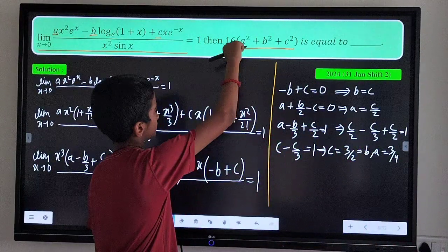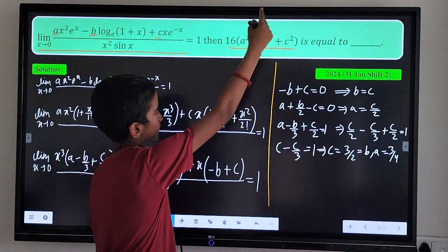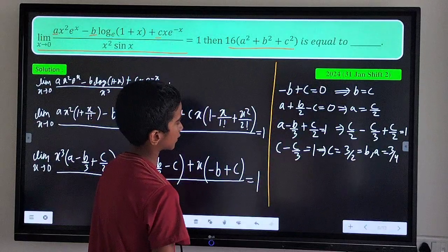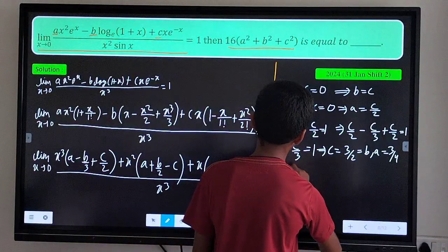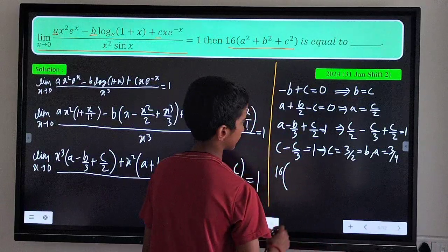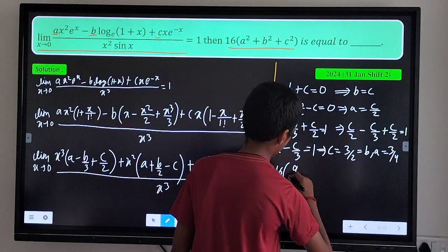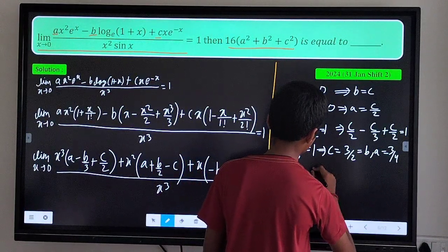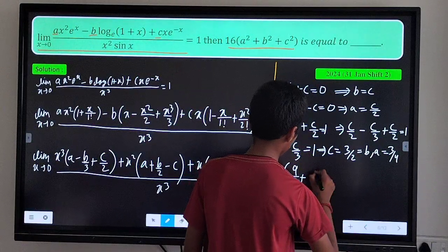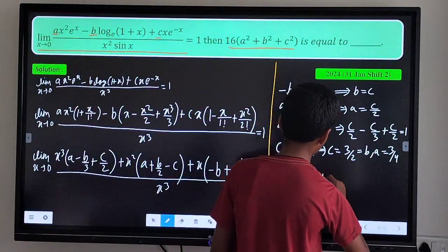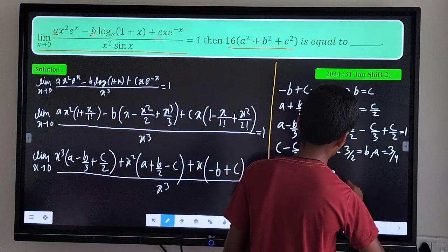Now the question asks us about 16a square plus b square plus c square. So that will be 16 of a square is 9 upon 16, b square is 9 upon 4, and c square is also 9 upon 4.